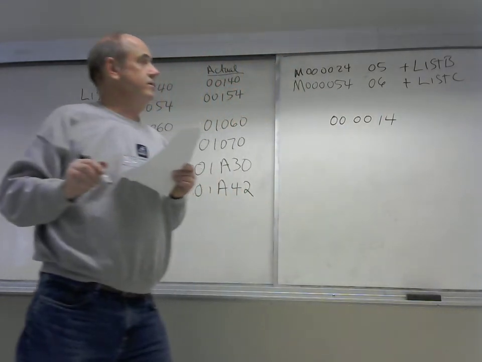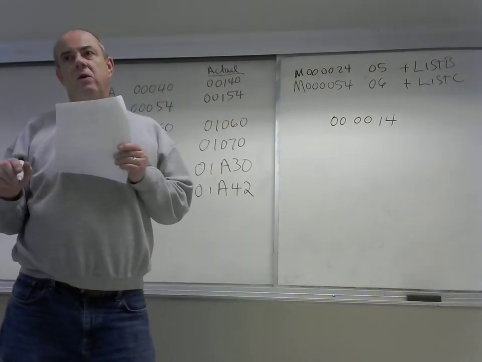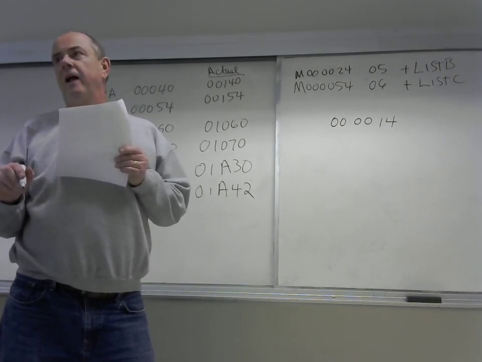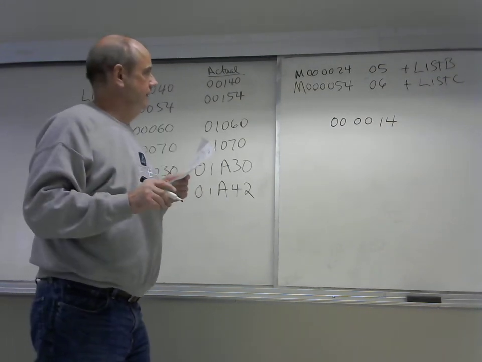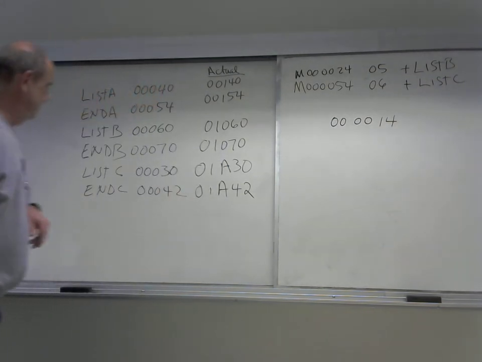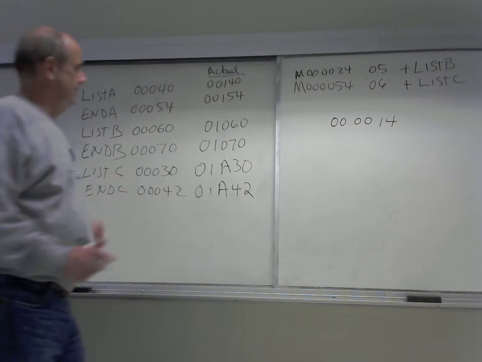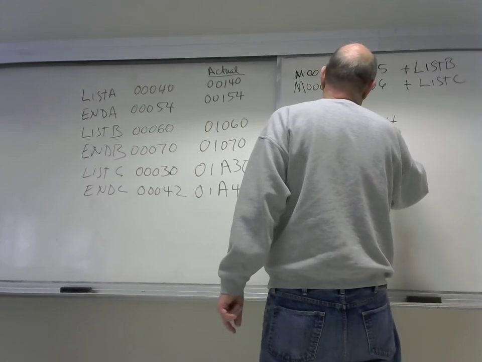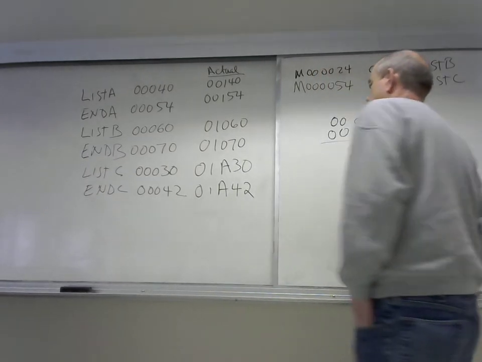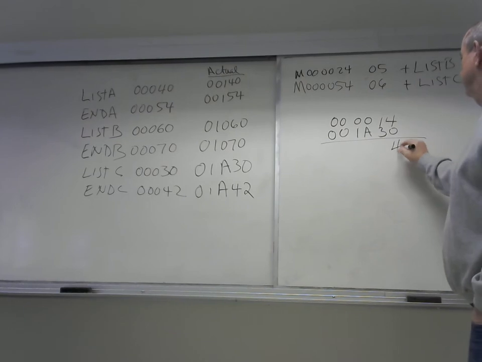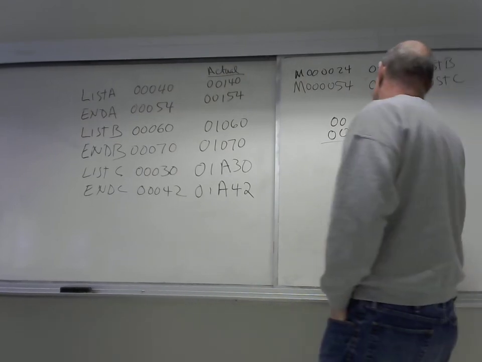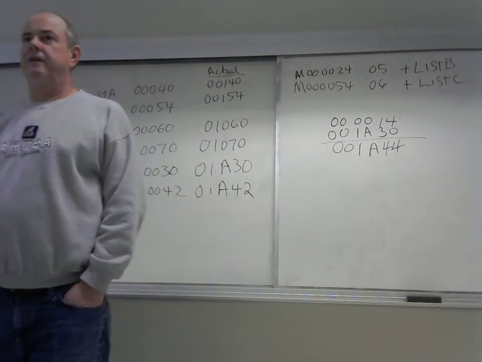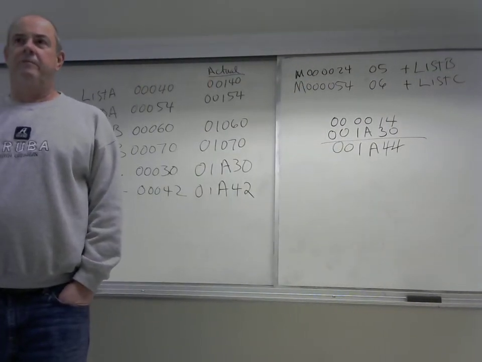That's what's in address 54. Okay, what am I going to do? Plus list C. Well, what's list C? Here it is. Plus, and there you have it. Make sense?